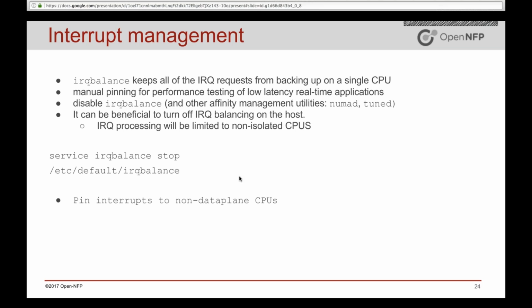First of all, Linux by default has this process called IRQ balance, which will spread interrupts across CPUs, or more specifically, it will direct interrupts to CPUs that are underutilized. So it tries to spread the load across the different CPUs.